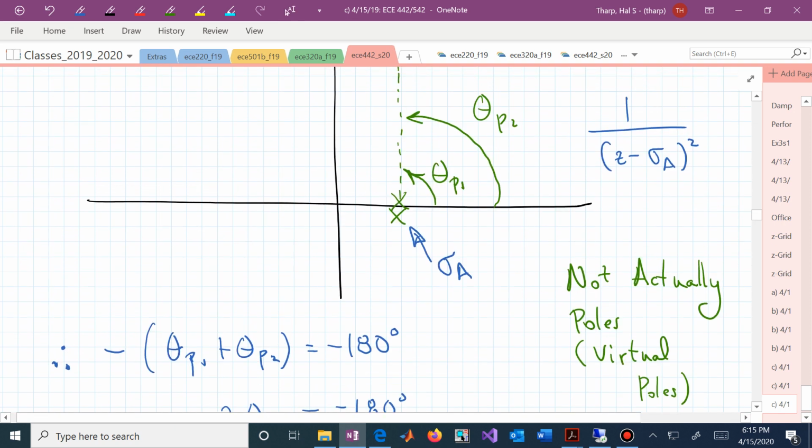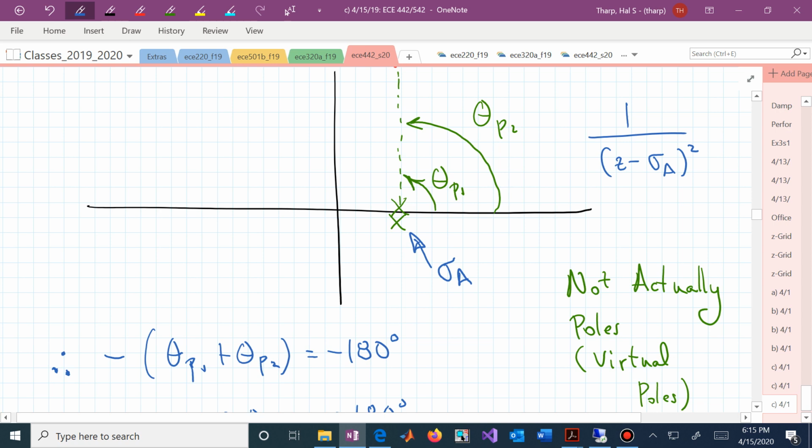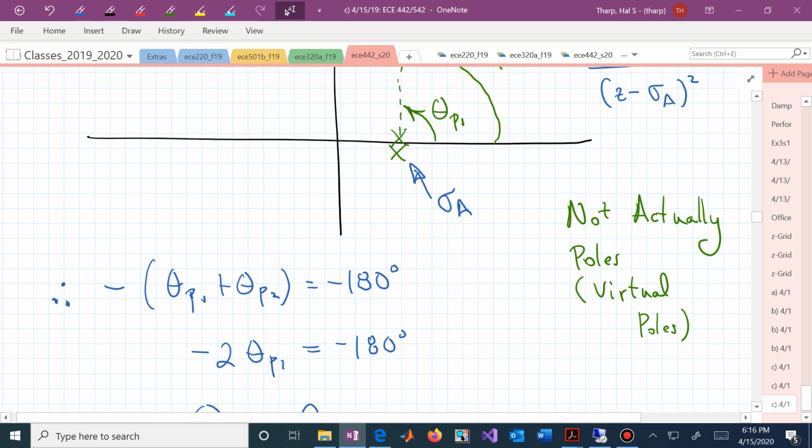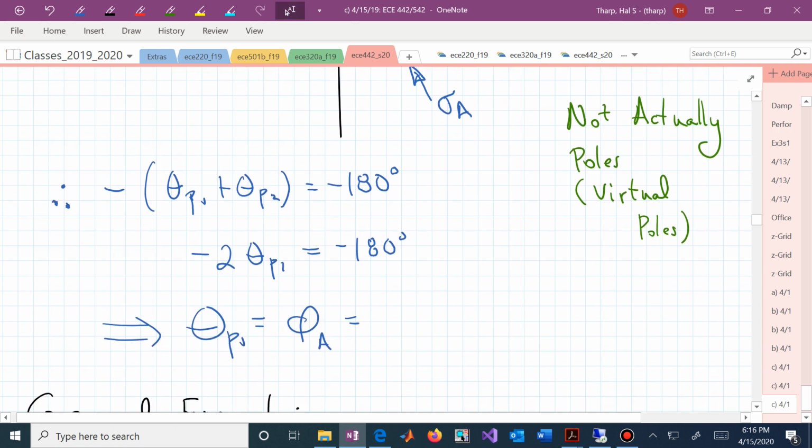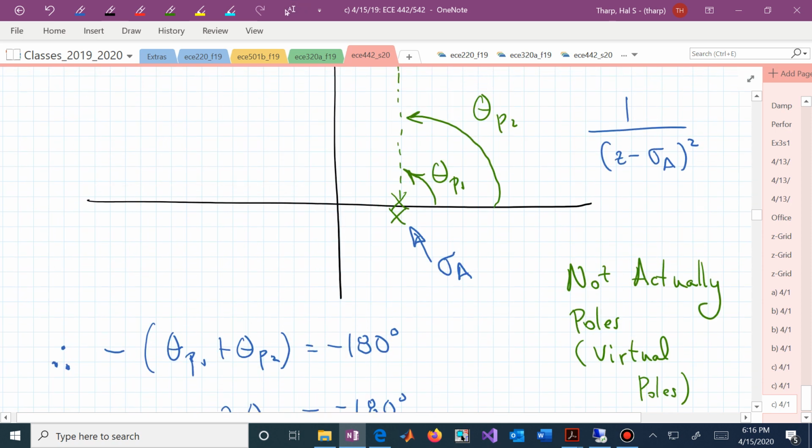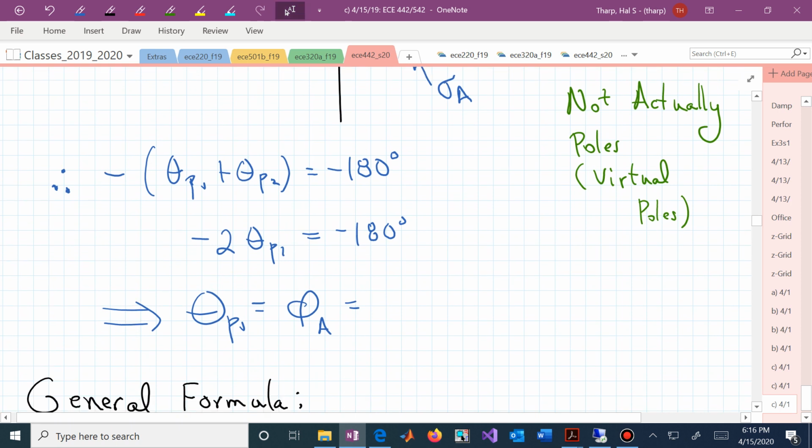So now we know that those two angles, theta p1 and theta p2, are the same. So we can just say we have two theta p1s. We're subtracting those because they're poles, they are in the denominator. Those sum to minus 180. We can now multiply by minus 1 on both sides. Theta p1 is actually equal to this asymptote angle, phi sub a, the fundamental angle, and that's going to be 180 degrees divided by 2, or 90 degrees.